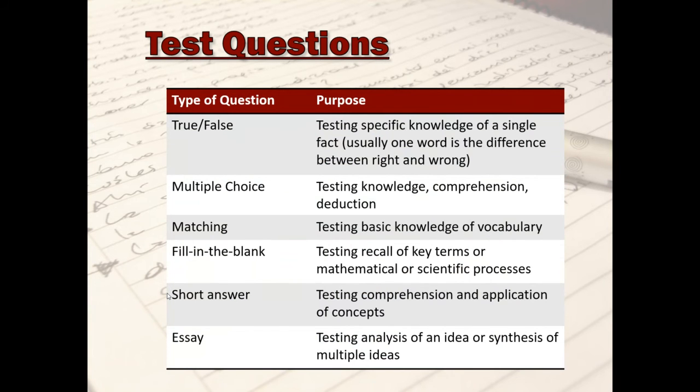A lot of these, the more objective ones, are usually only looking at the bottom half of Bloom's taxonomy. It's not until you really start getting into fill in the blank or short answer or even essay questions that you really start engaging the students' higher levels of critical thinking.